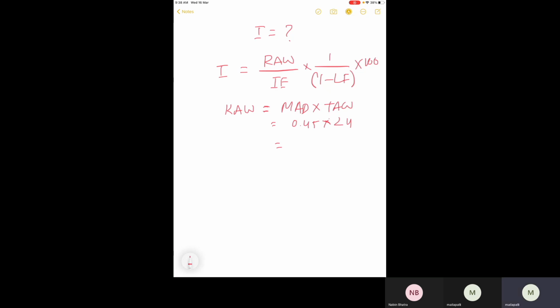The calculation will come. So this is the RAW value, in centimeters.